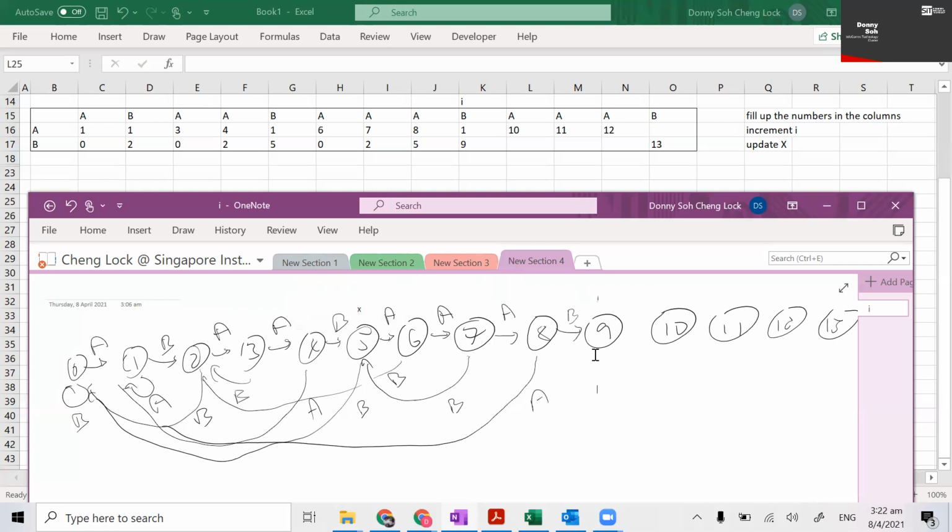Okay, so 9 to 10 is letter A. What happened to X if I see the letter B? It will go all the way to 0. Oh no. So this will go all the way back to 0.